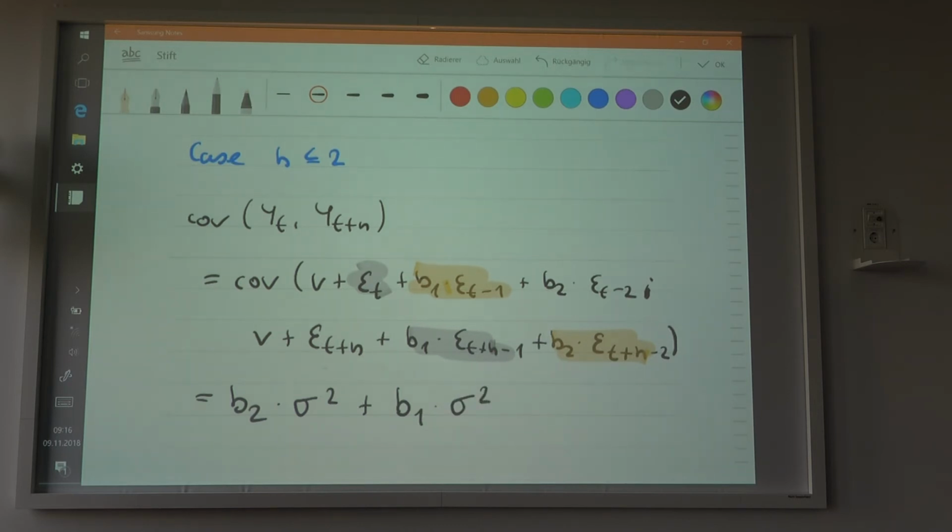That's what you would have here for the white noise. And here you have the other two, so B1 times B2 times sigma squared, that's going to be the second part. And the others just cancel out because they don't overlap. And that is something you have to consider also.